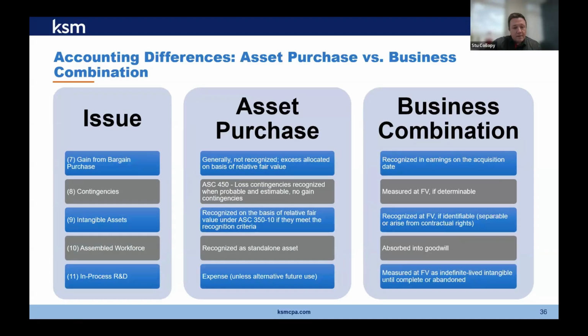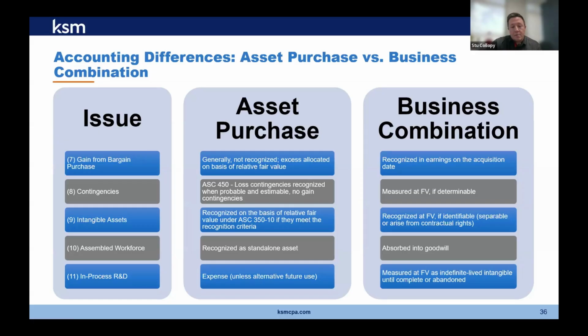A couple more accounting differences here. With asset purchases, you aren't typically going to see a gain from a bargain purchase, but it is a possibility under a business combination. Contingencies are both, a loss contingency is going to be recorded under an asset purchase and a business combination. Under an asset purchase, it's going to be recognized when probable and it can be estimated, but you would not record a gain contingency under an asset purchase, whereas you could under a business combination.